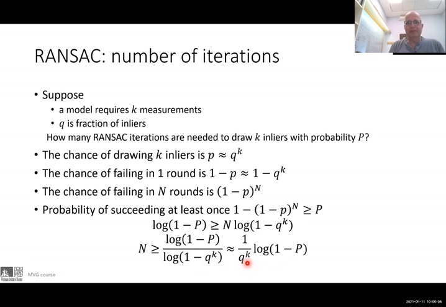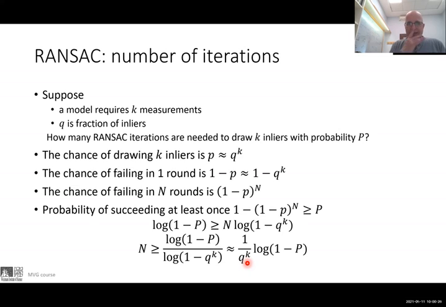And this means that 1 over q to the k grows fast if k is large. Think of it, if q is, I don't know, a half, then 1 over q to the k is 2 to the k.